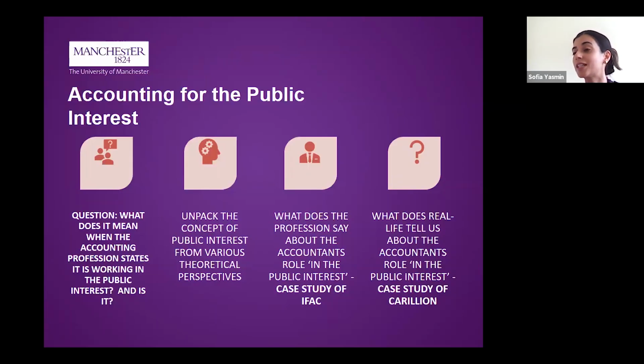And it's a really interesting debate, because you have people on some sides of the argument who say, well, accountants should just be doing the job that they're doing, and that's good enough. Whereas on the other hand, you have people who strongly believe that accounting is there to provide a societal benefit. So it's really getting students to think about these deeper meanings about what is accounting in the public interest.